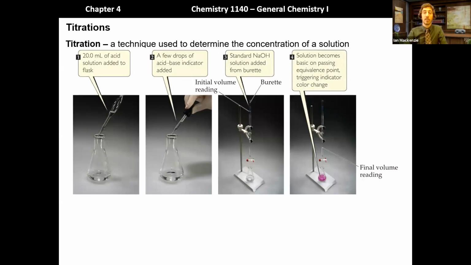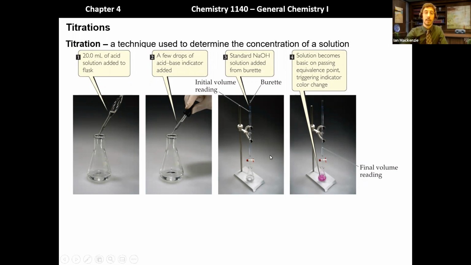Here's the general process for how a titration works. If we're doing a titration, trying to figure out the concentration of some acid solution, we first measure out very carefully a certain amount of the acid solution, and we add that to a flask. Then we add a few drops of an indicator of some kind, something that will simply tell us when the solution is no longer acidic.